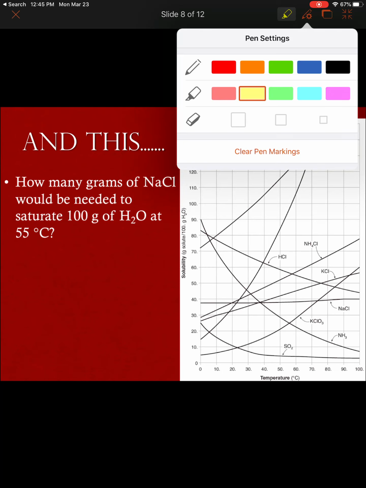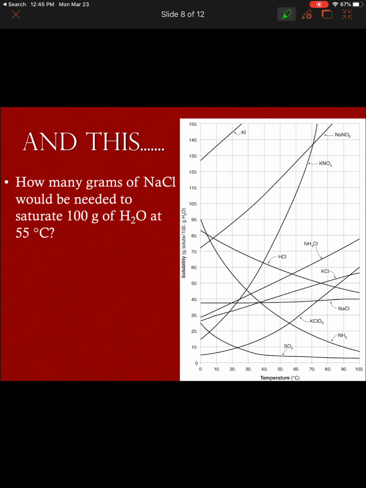How about this one? This says, how many grams of sodium chloride would be needed to saturate 100 grams of water at 55 degrees Celsius? So remember, 100 grams of water is standard for this table. So here's NaCl, and here's the curve in question.